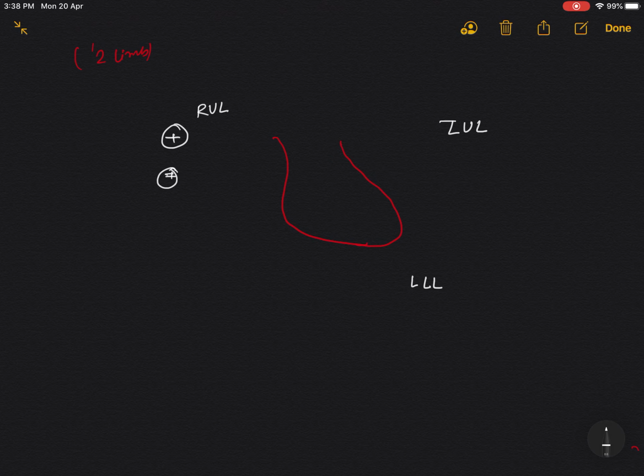This is the galvanometer positive pole, this is the negative pole. So the right upper limb is connected to the positive pole, and the left upper limb and the left lower limb are connected to the negative pole.